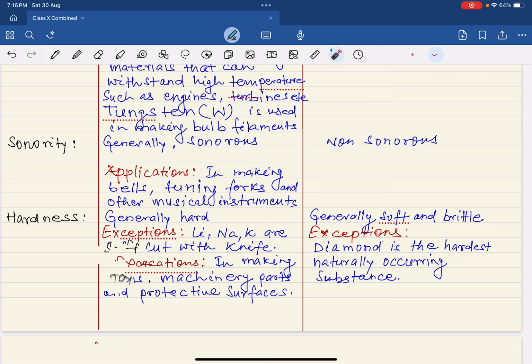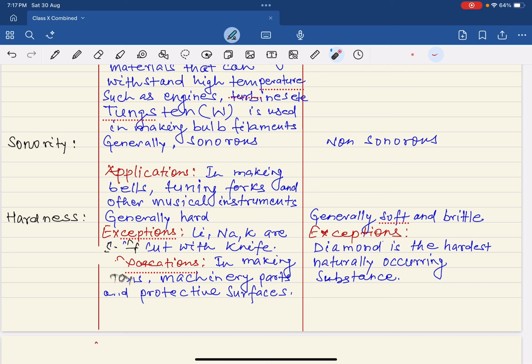But chemistry is full of exceptions. Some metals are very soft, like sodium, potassium, lithium, which are so soft they can be cut with a knife. Hard metals are used in making machinery parts and protective surfaces. And in the case of non-metals, diamond is the hardest naturally occurring substance.